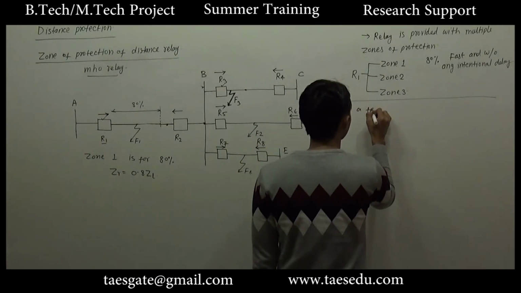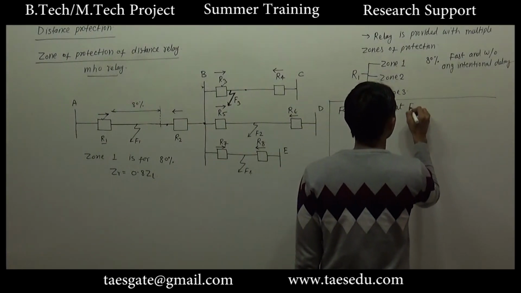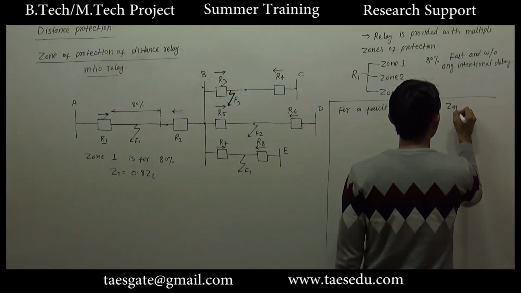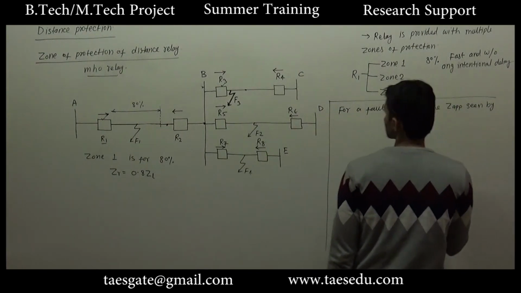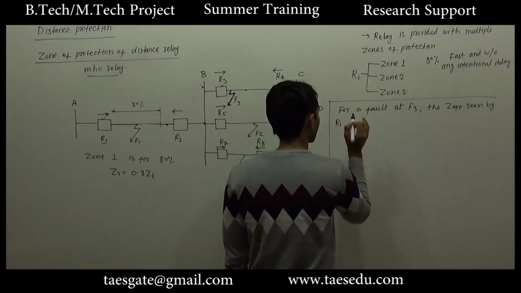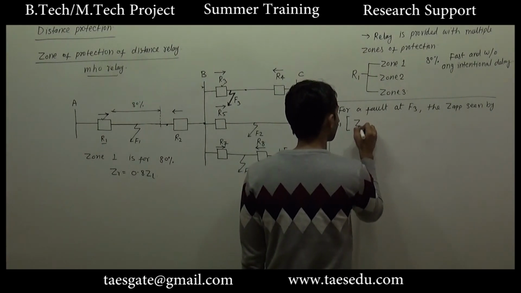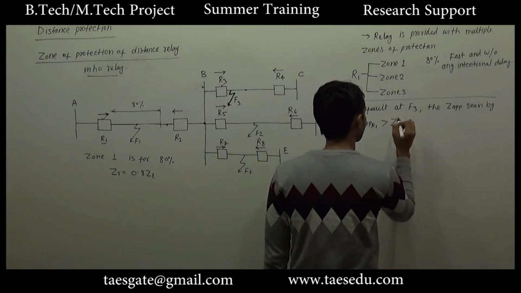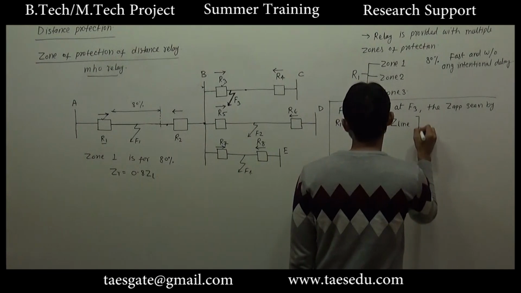For a fault at F3, the apparent impedance seen by relay R1, Z apparent as seen by relay R1, must be greater than Z line.